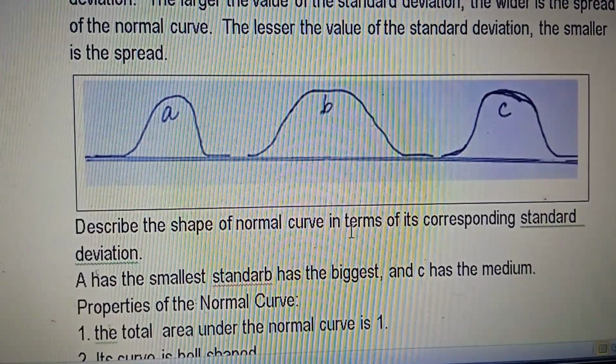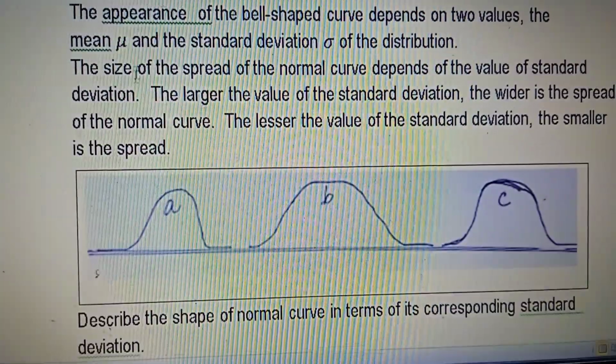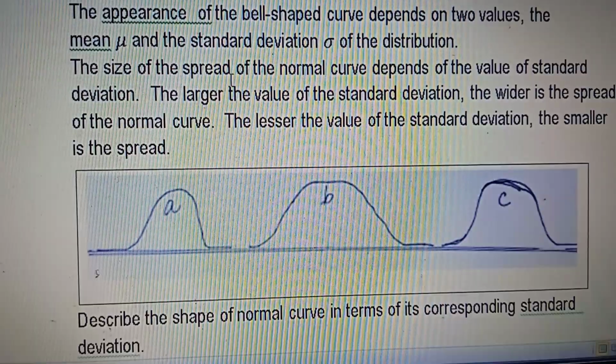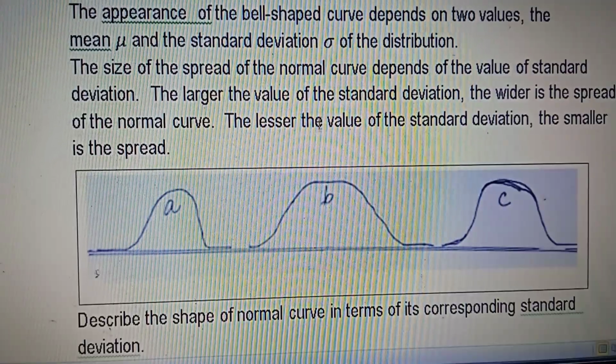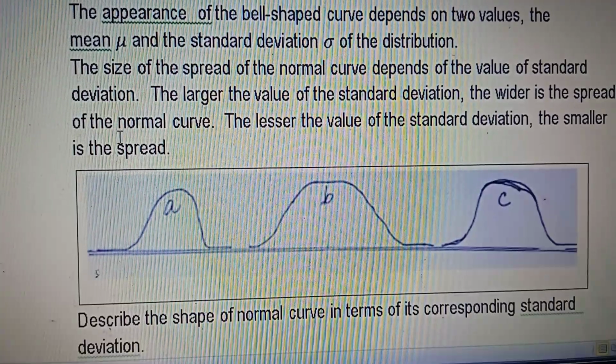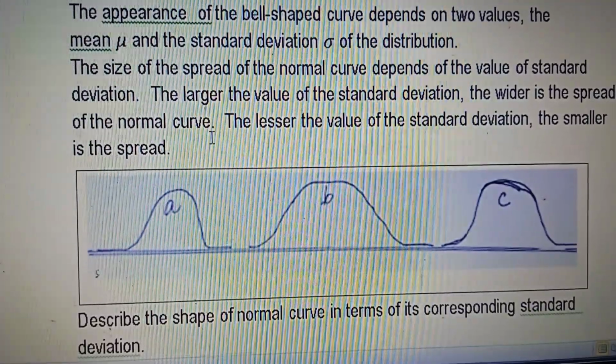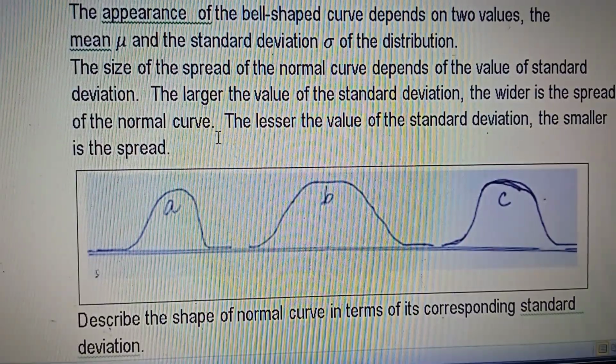The size of the spread of the normal curve depends on the value of the standard deviation. The larger the value of the standard deviation, the wider is the spread of the normal curve. The spread, I mean the opening of the normal curve. The lesser the value of the standard deviation, the smaller is the spread.